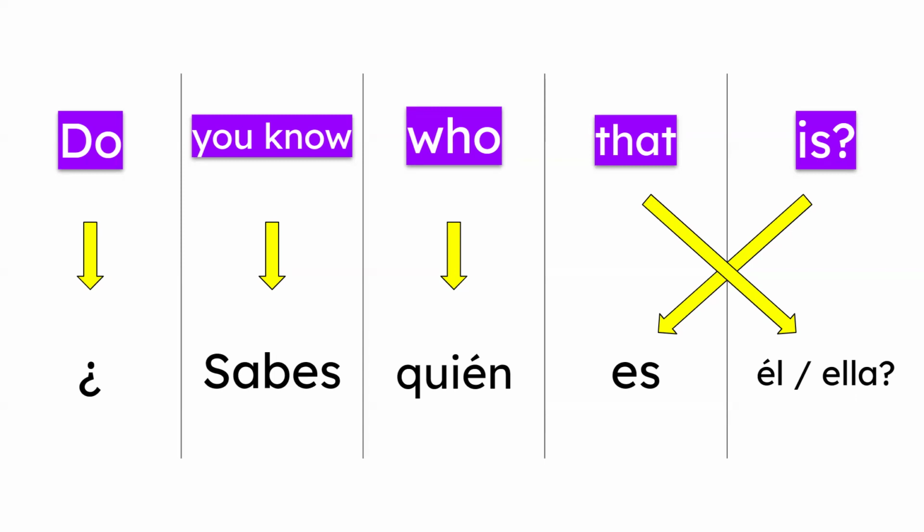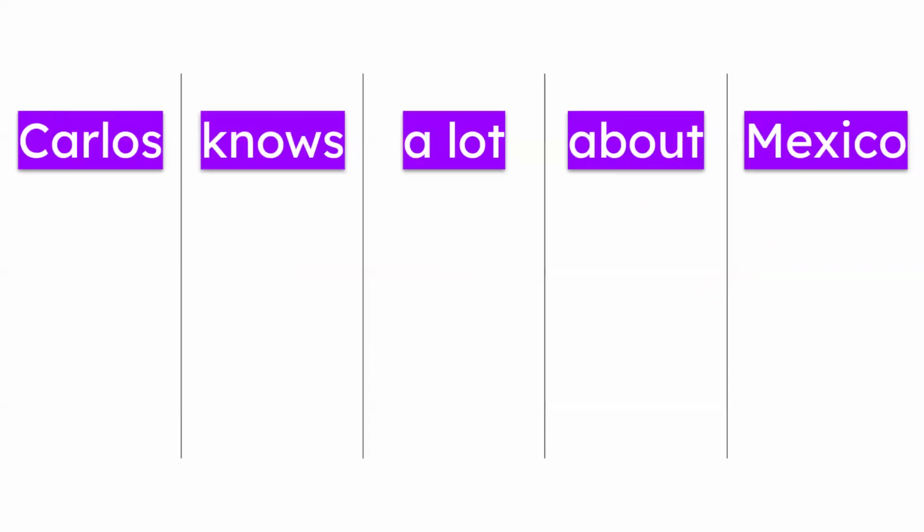Okay, that was the second structure for saber, to know who, what, where. And lastly, we have when we use the verb to know to give facts, right? Facts, information.